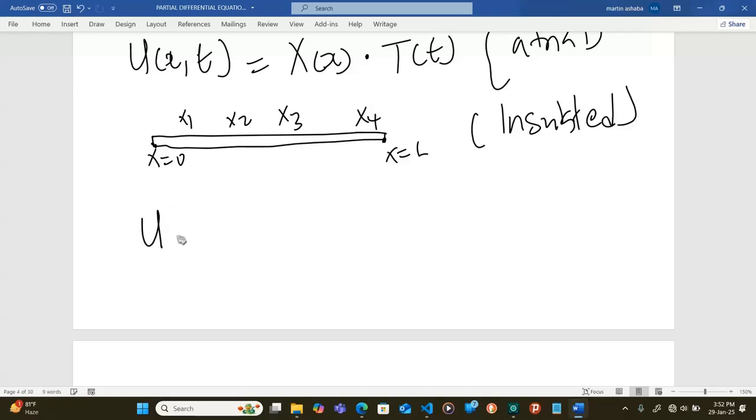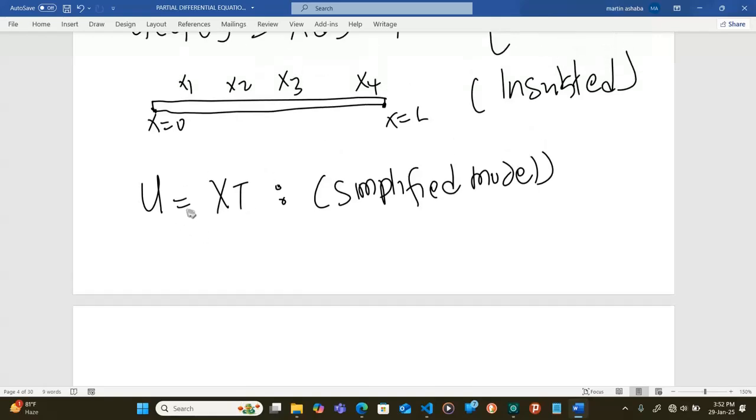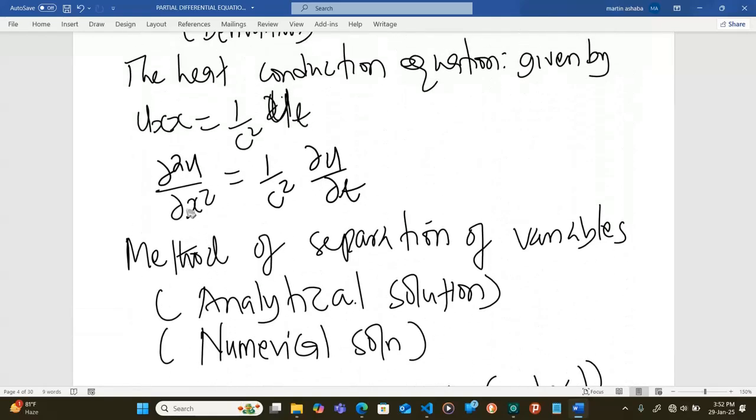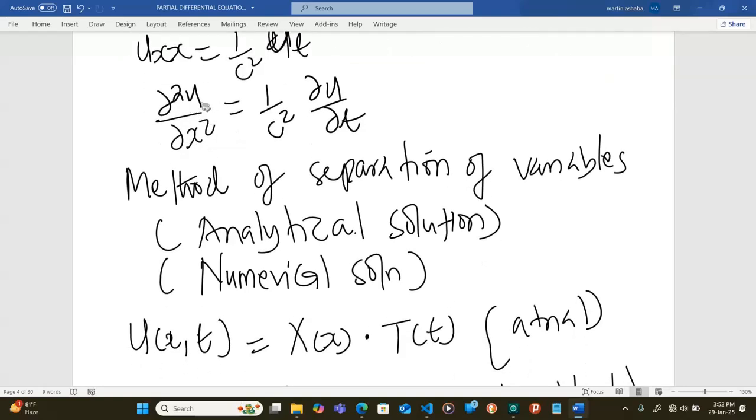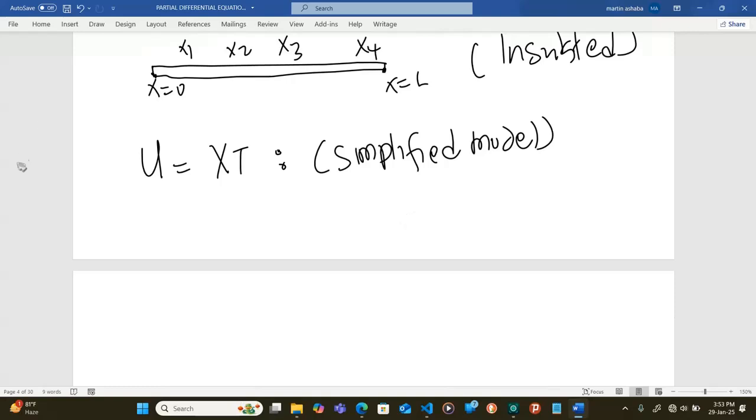So let's take our trial solution and do something about it. We have u is equal to X times T, and this is a simplified model. Now, if we have u equal to XT, we can start the partial differentiation and substitute it in our equation. Let me call this equation A. If I do del u over del x, this is equal to X prime.